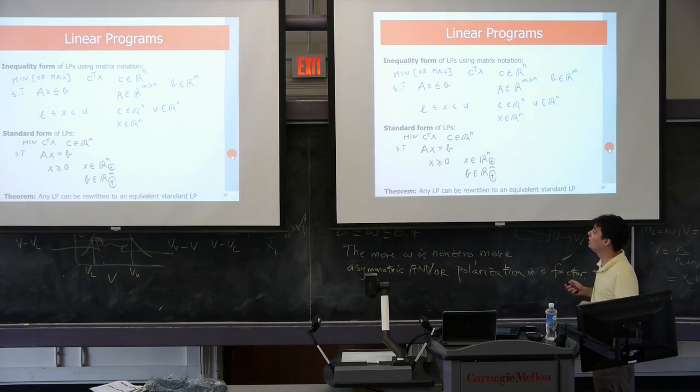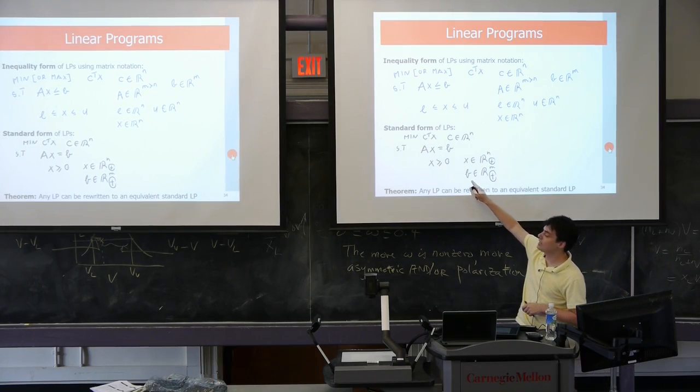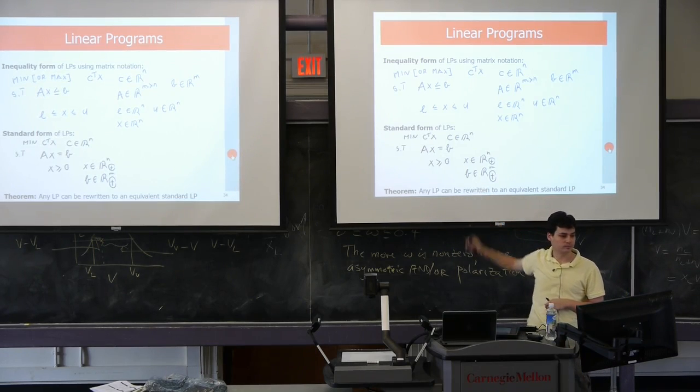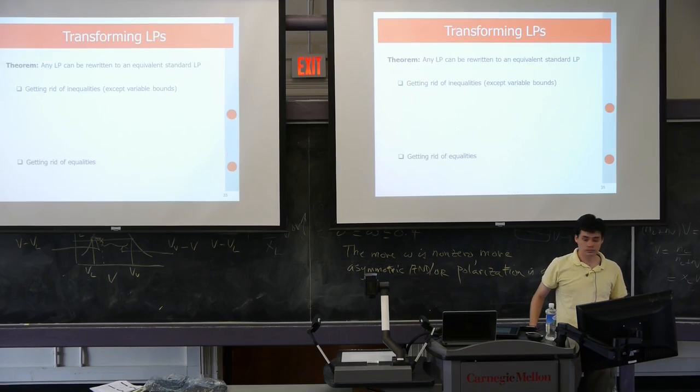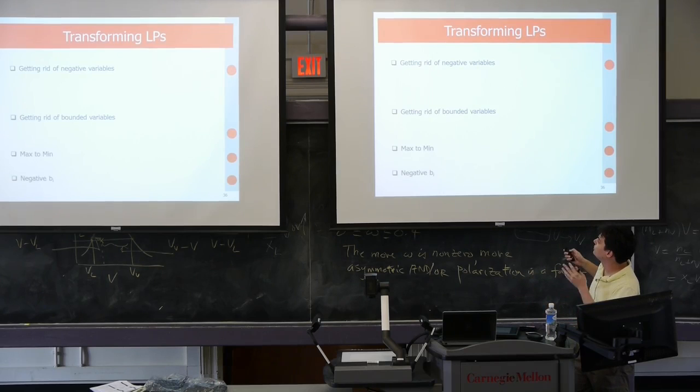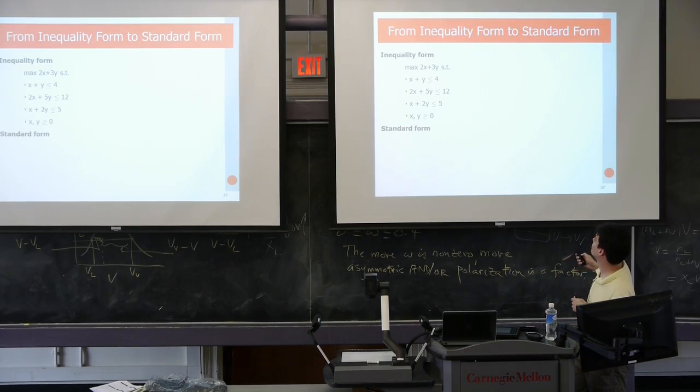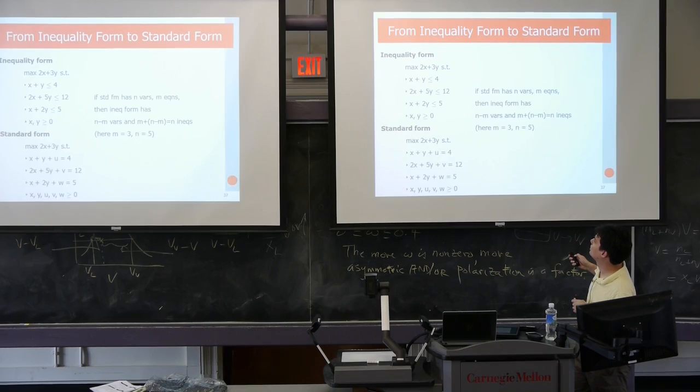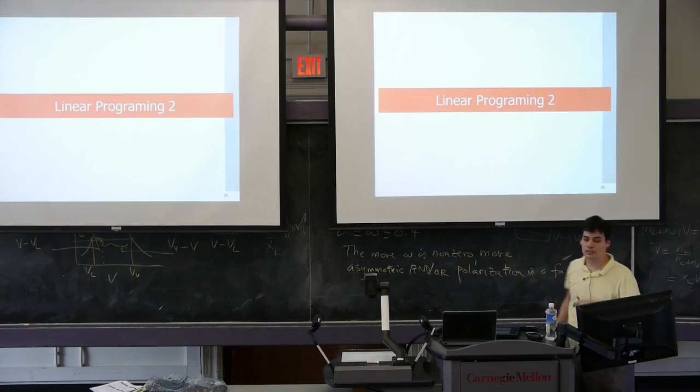That's very crucial. And we will also require that B is non-negative as well. And we discussed how to get rid of negative variables and so on. This is where we stopped last time.